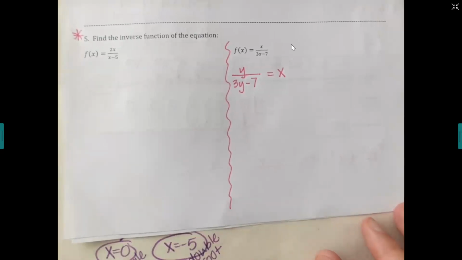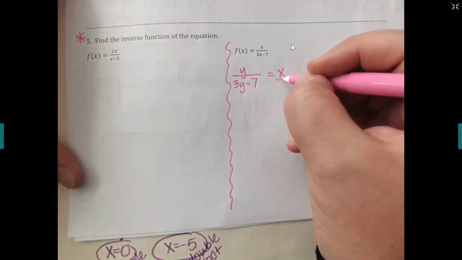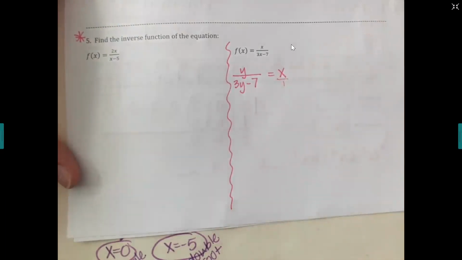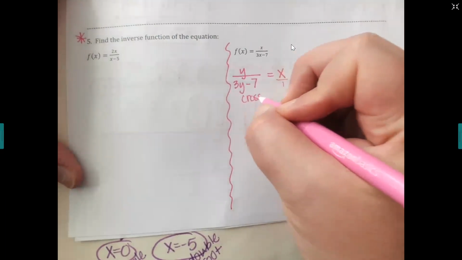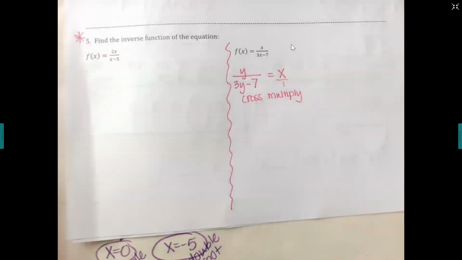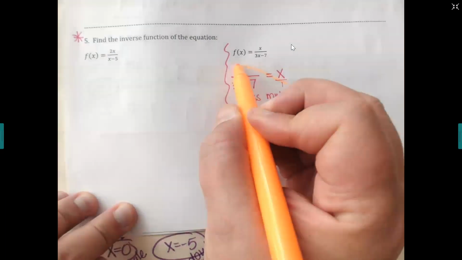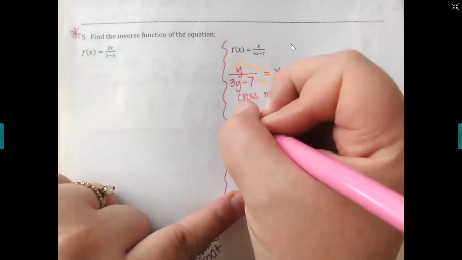So the first thing I want you to do is cross multiply. Now you'll notice that x doesn't have anything on bottom, so we're going to just put that over 1 and cross multiply. Okay, so let's do this diagonal first. What is 1 times y? 1y.